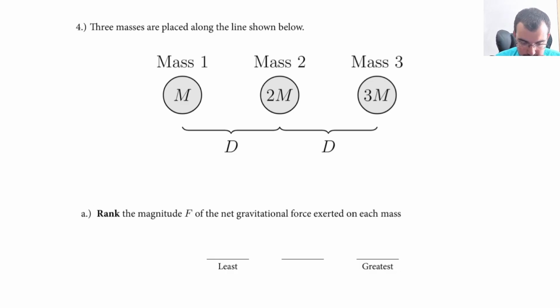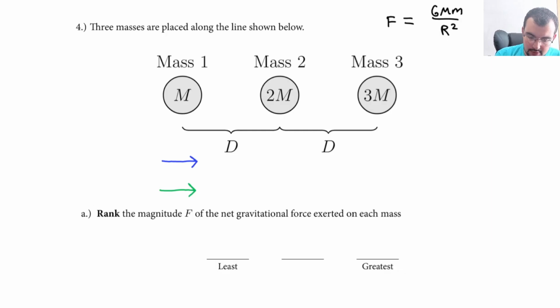Essentially, what's going to happen is mass 1 is going to get pulled to the right by mass 2, and it's going to get pulled to the right by mass 3. So the force we know is going to be G m m over r squared.